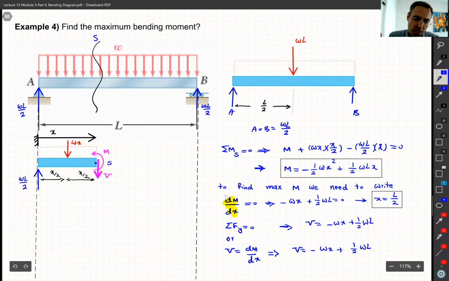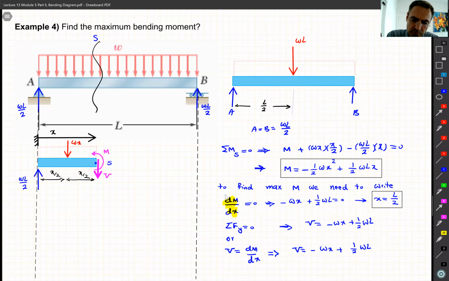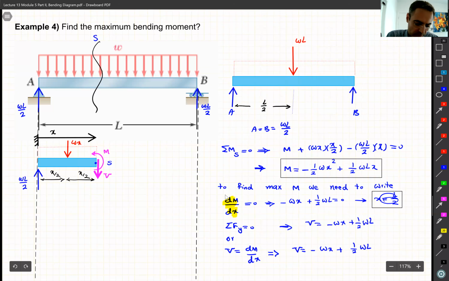All right. So in the middle, we found M is maximum, right? So I put this X equal to L divided by 2 in this M equation to find M maximum.